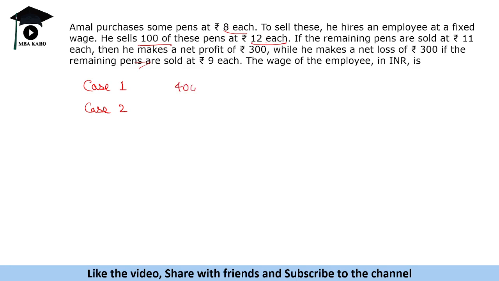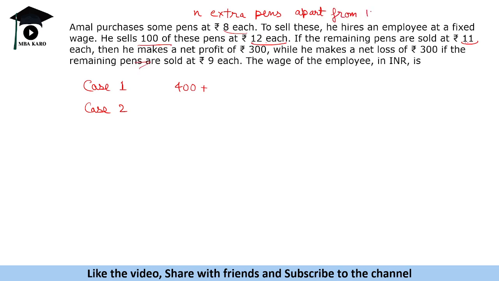400, and what will be the remaining profit? The remaining profit is that he's selling at 11 rupees, so 3 rupees per pen. Suppose he sells n extra pens. Extra pens, here I mean apart from 100. For 100 we know.